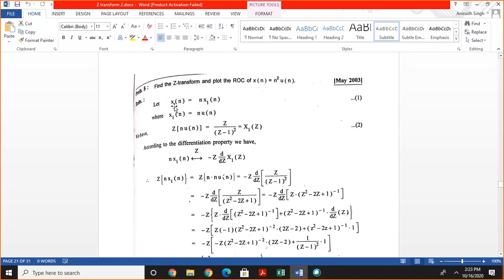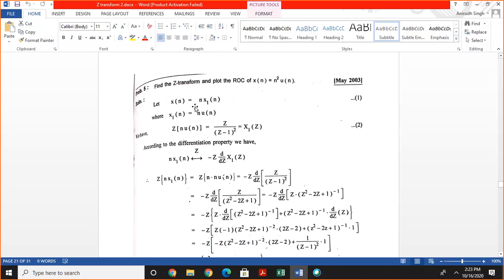The last question is to find the z transform and plot the ROC of x(n), where x(n) is equal to n squared multiplied by u(n). Let x(n) be equal to n multiplied by x1(n), where x1(n) is n u(n).